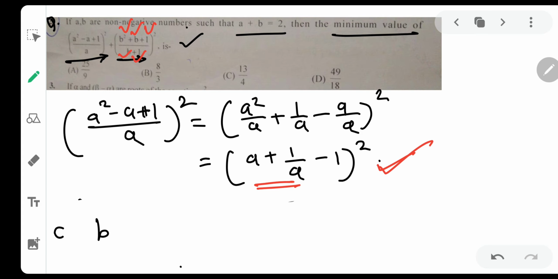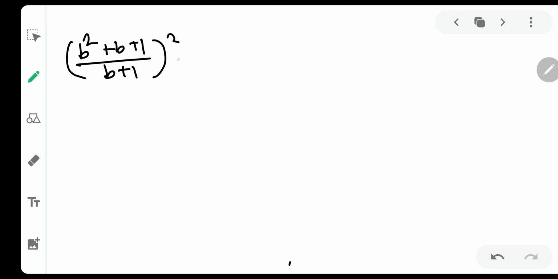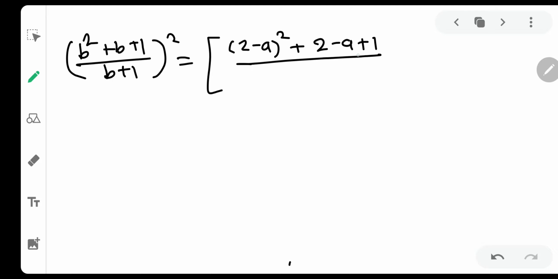A plus B equals 2 is given, therefore B can be very well treated as 2 minus A. So instead of B, I will substitute 2 minus A, and let us check what happens then. (2 minus A) the whole square plus (2 minus A) plus 1 upon (2 minus A) plus 1. It is looking like this.